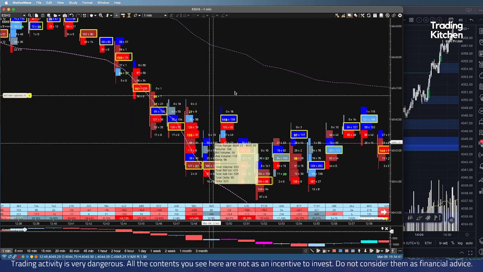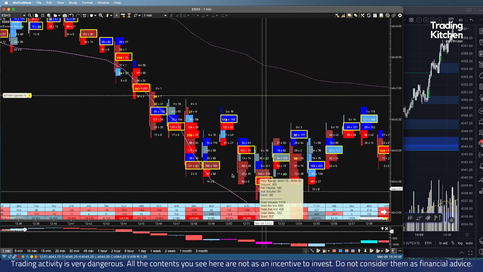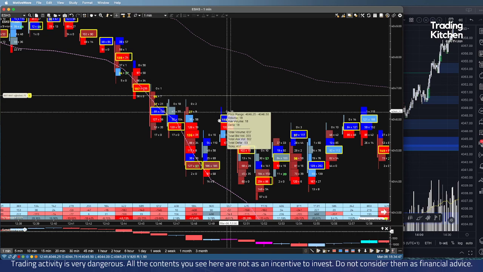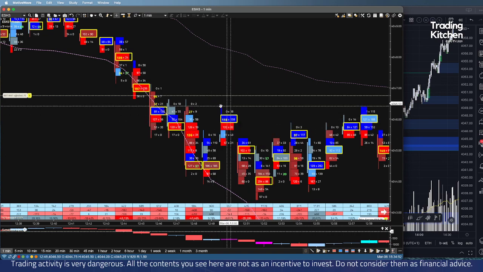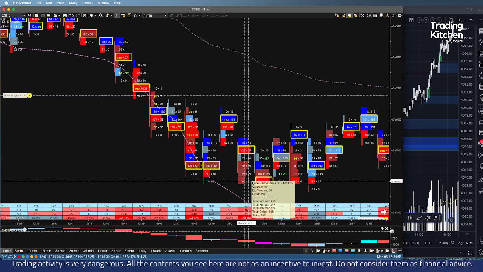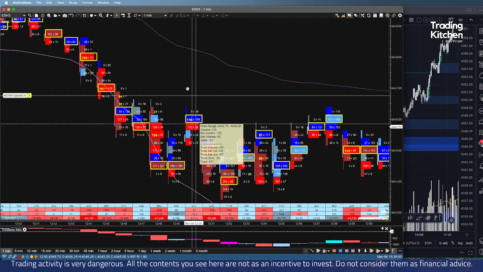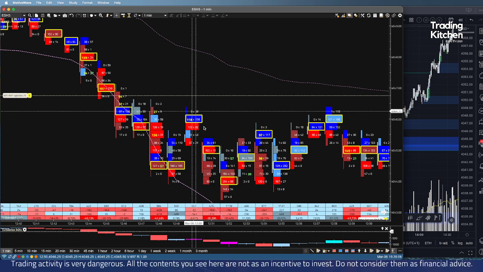Price returns back because we have this imbalance here, another strong bearish force, bearish power here, 35 of delta variation, but it's not enough.